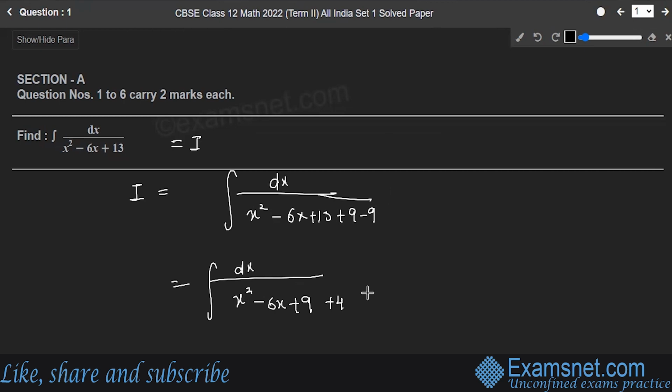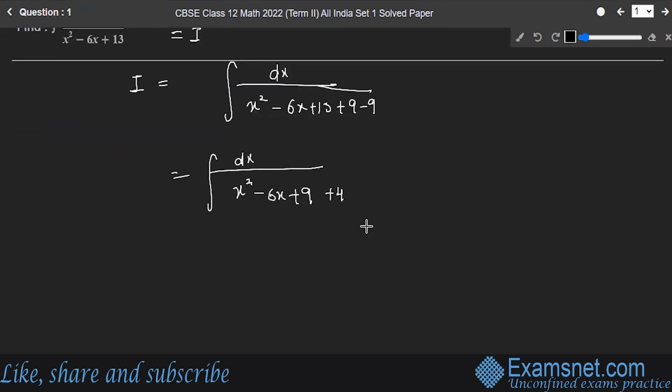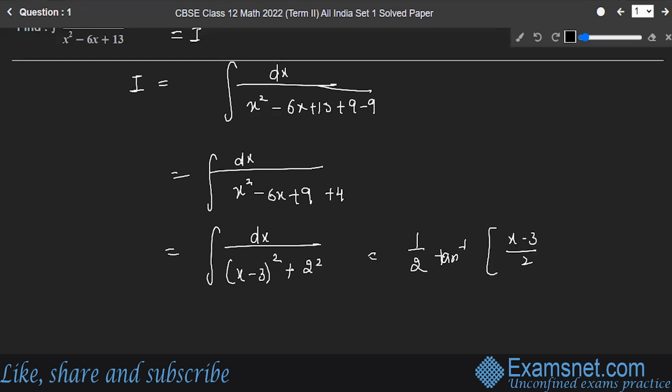This is equal to 4. So this is the integral of dx upon (x minus 3) squared plus 2 squared. Now this integral is given by half of tan inverse of (x minus 3) upon 2 plus c. This is the answer to the question.